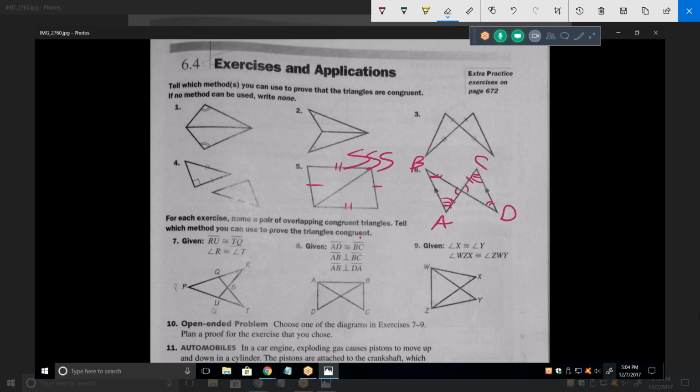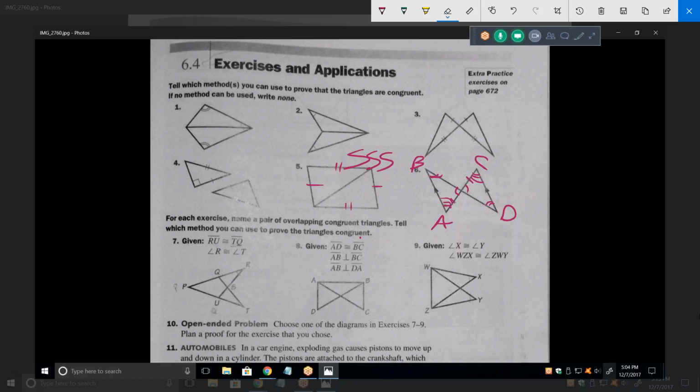We got all kinds of stuff. We got angle, angle, angle. Side angle, side. I don't think we have side angle, side. We don't have two sides. What we have is two angles and one side.